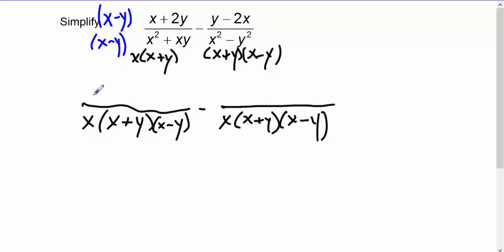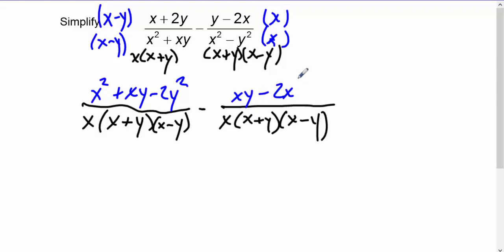It's a little uglier because I have to now FOIL. There's a 2xy minus an xy, which is just a positive xy, and then minus 2y squared. Next, in order to get from this step to this step, I need a multiple of x, which is not as difficult when I'm multiplying that out. So I get an xy and a minus 2x squared. Now, here's a step where I would suggest you do it very carefully and show your work.